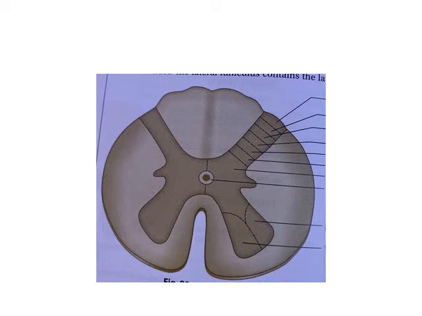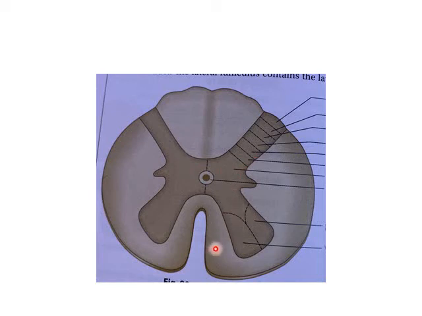Lamina 8 is situated medially, while lamina 9 is situated laterally. And lamina 10 is present around the central canal. So these are the different Rexed laminae present in the grey matter of the spinal cord.